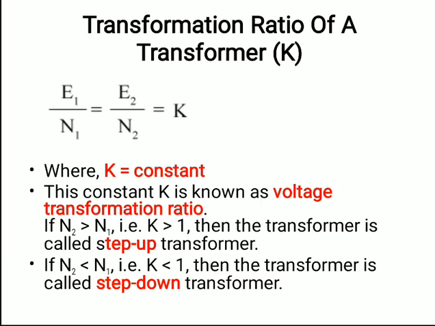Now if N2 is greater than N1, that is K is greater than 1, then the transformer is called a step up transformer. Why? Because from the above equation, if N2 is greater than N1, then E2 is also greater than E1.